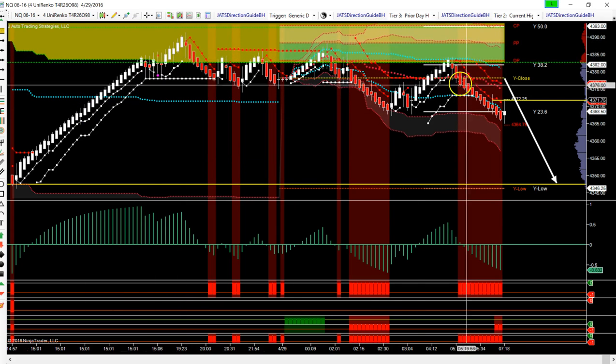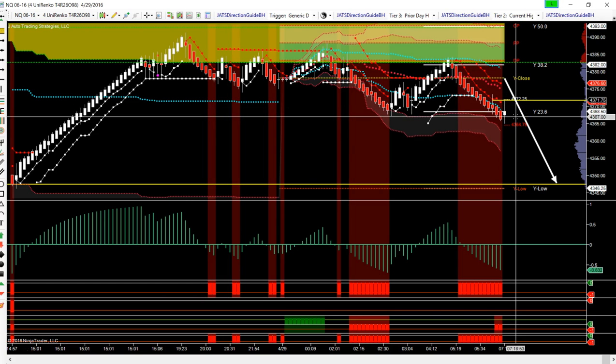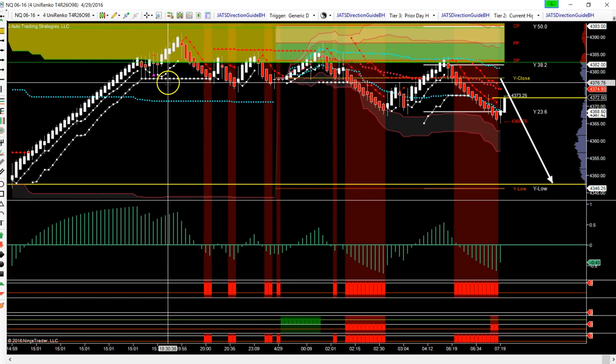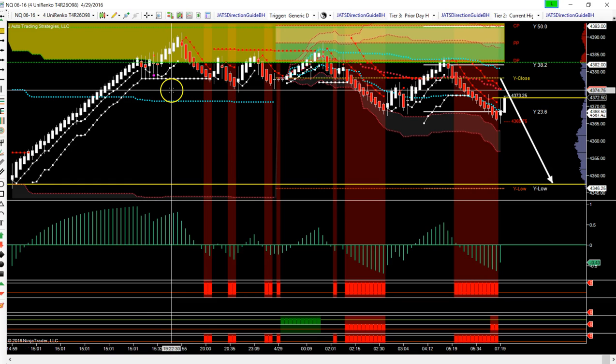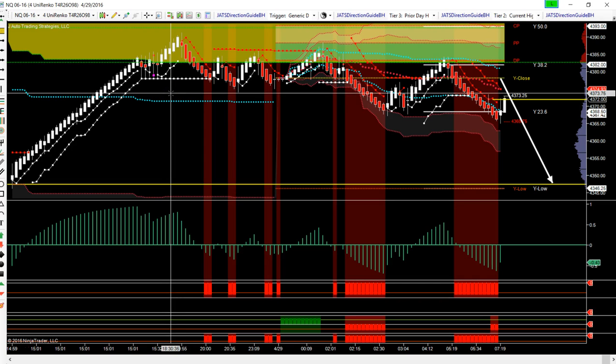Know the direction you want to trade in. Don't get stubborn and refuse to get out of a trade. Sometimes you think that you can pull a trick out of a bag, and the market, if it's moving with a higher time frame participant like a central bank or a Goldman Sachs, they're going to blow through your levels.